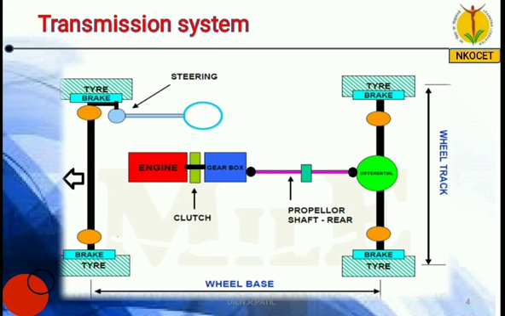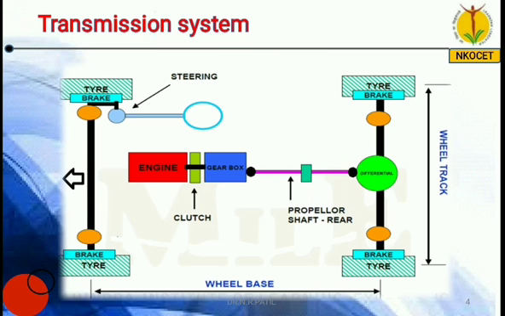Then comes propeller shaft. You can see this propeller shaft. This is differential. You can see the differential, isn't it? So these are the major elements of a transmission system.